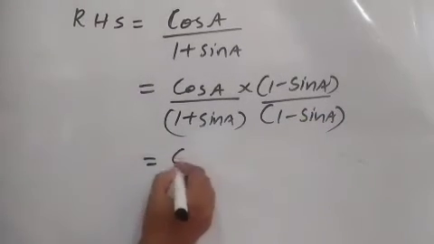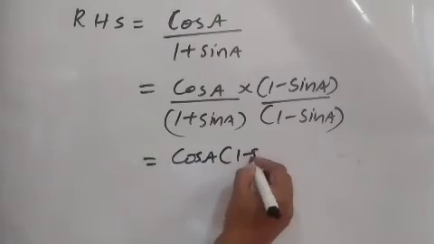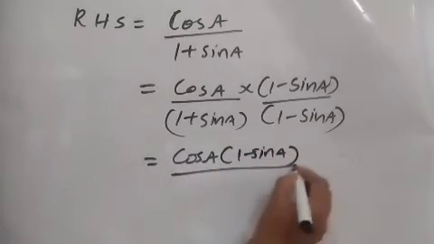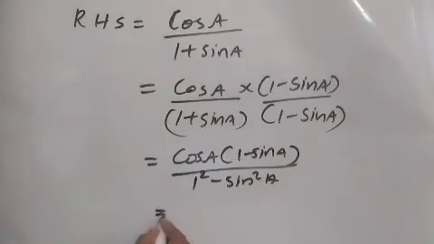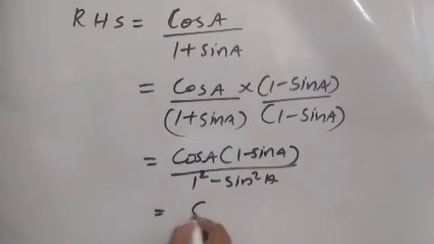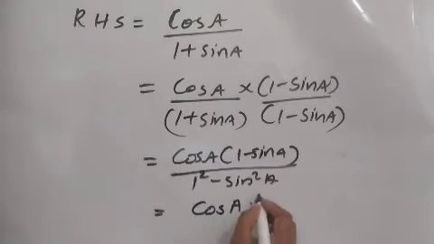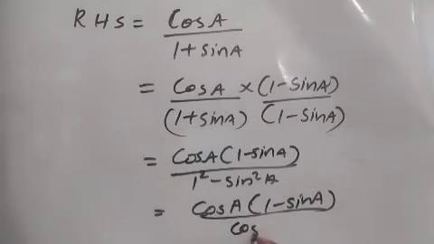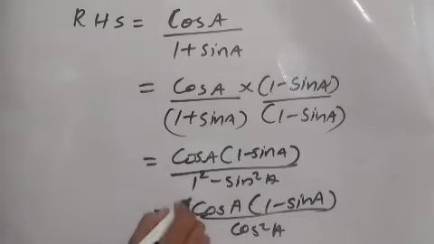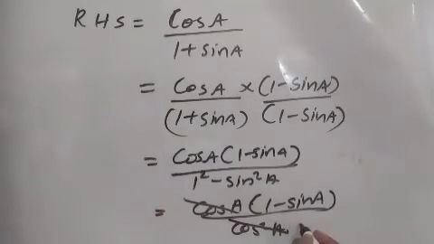That is cos A into 1 minus sin A by 1 square minus sin square A. That is, 1 minus sin square A is cos square A. So we can replace that: cos A into 1 minus sin A by cos square A. We can cancel out this cos and cos square A. We get the result.